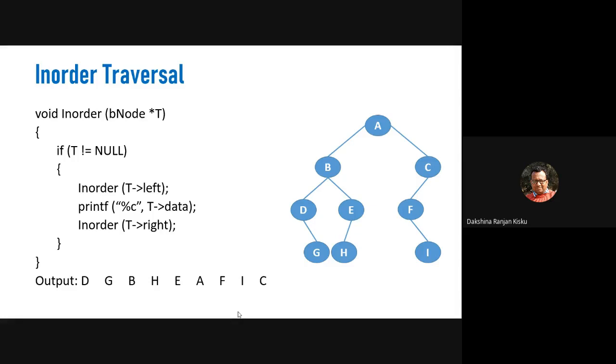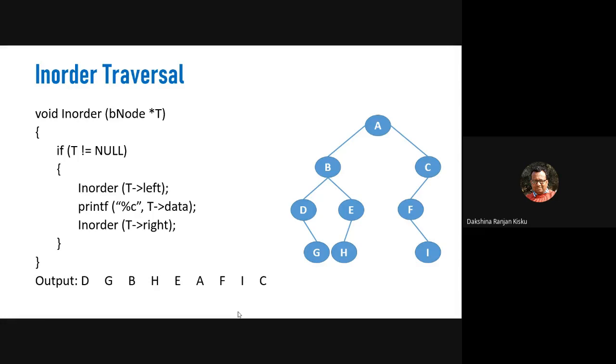What are the nodes which are part of the right subtree? Here C, F, I. So what will be visited first in the right subtree? F will be visited first because F has no left subtree. F is the root node of this subtree, in which the left subtree is empty.